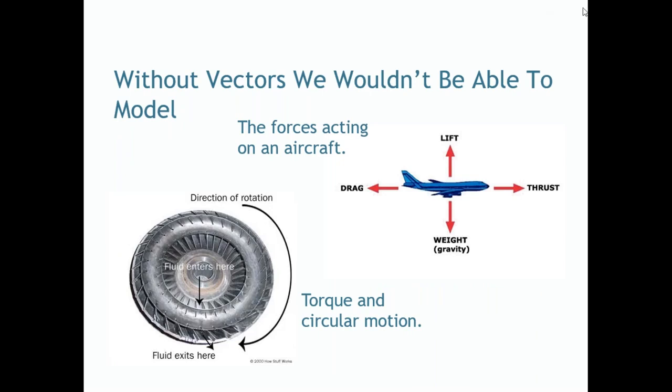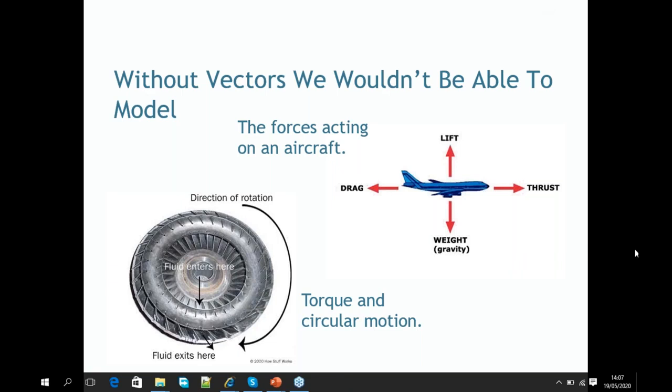Without vector quantities, we wouldn't be able to model the forces acting on an aircraft. If you look at the screen, there is force acting upwards, force acting downwards, which is the weight or gravity, force acting towards the left, which is the drag, and force acting towards the right, which is the thrust.